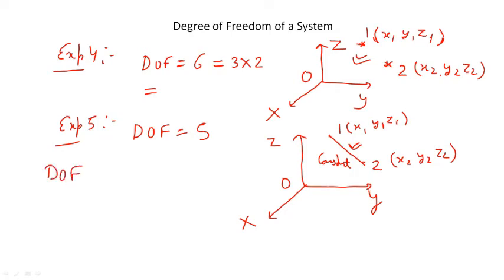You have to remember that the degree of freedom of a dynamical system can be written as, for 3-dimensional space, 3 multiplied by the number of particles, minus restrictions.